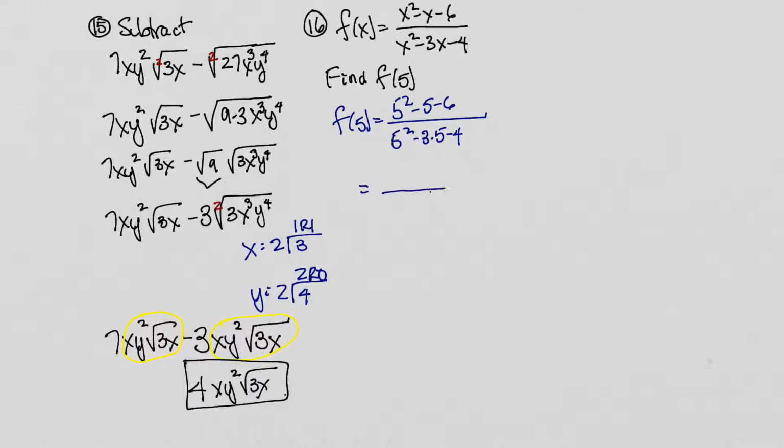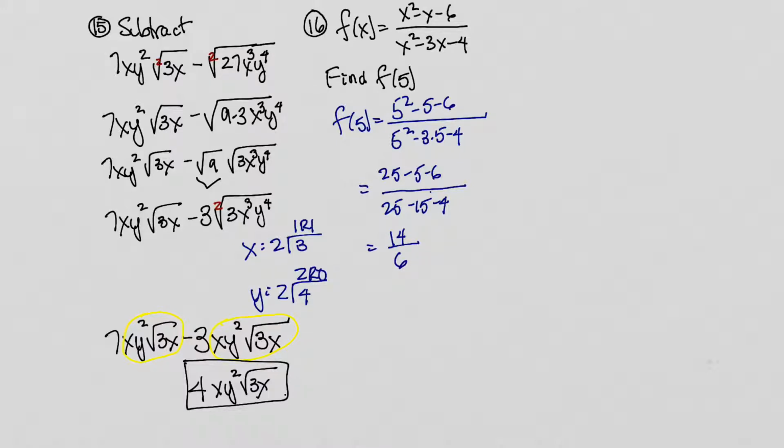This will give us 25 minus 5 minus 6 over 25 minus 15 minus 4. What do we get up here? 25 minus 5 is 20, minus 6 is 14. And down here, 25 minus 15 is 10, and 10 minus 4 is a 6.